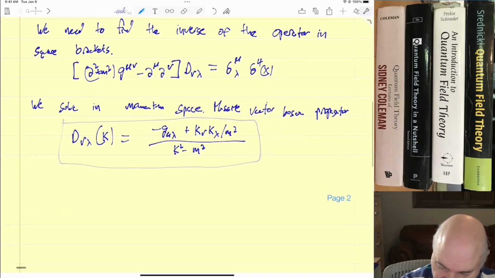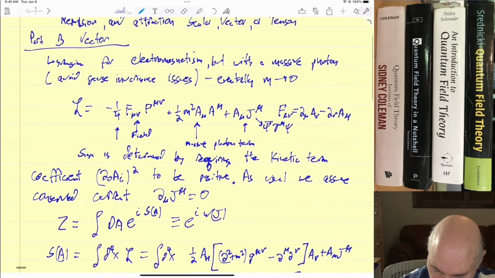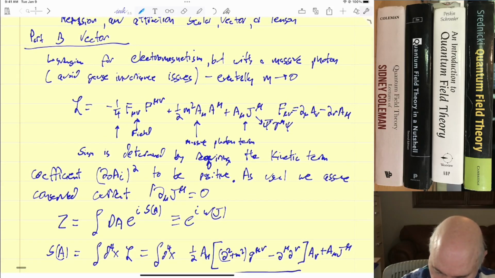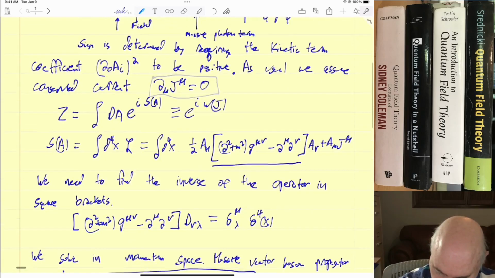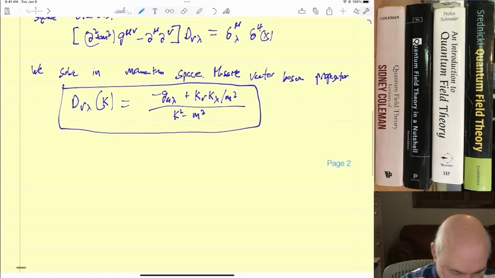If you look at the limit as m goes to 0, it seems part of it blows up. But it's not a problem because this will always couple to conserved currents, as we saw earlier. We're going to end up killing this term by coupling to a conserved current.